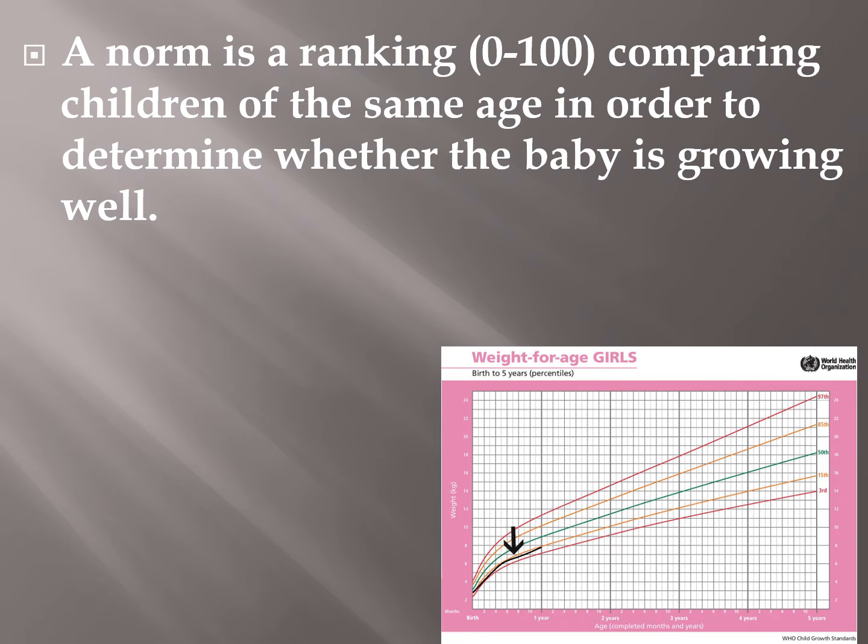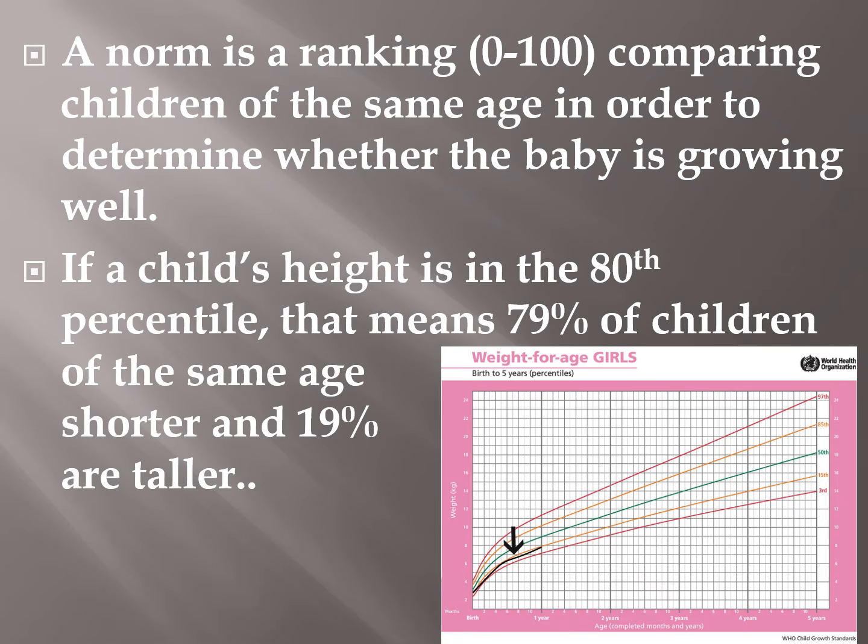Okay, and one of the ways that you compare your child to other children of the same age is with these medical charts, and they call them norm rankings, and they go from 0 to 100. So the doctor will say something like, your child's height is in the 80th percentile.